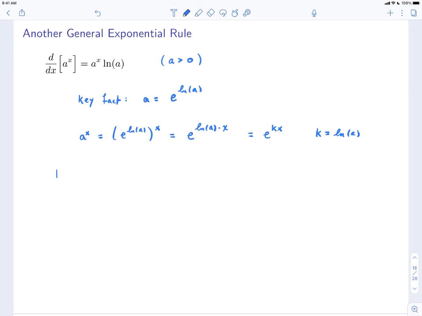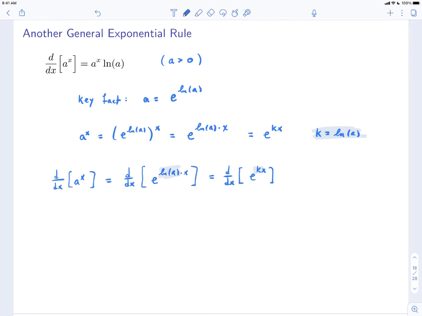So if we want to differentiate a to the x, that's the same thing as differentiating e to the ln of a times x. Which again, this is just the same thing as the derivative with respect to x of e to the kx for this particular choice of k. So k is equal to ln of a.